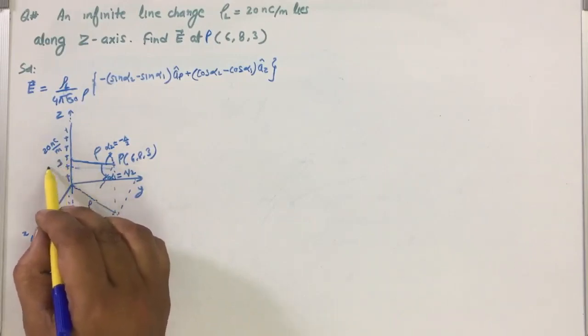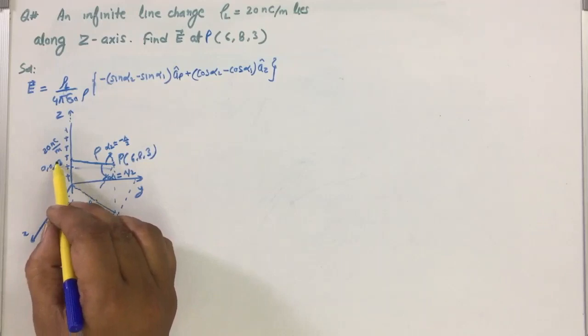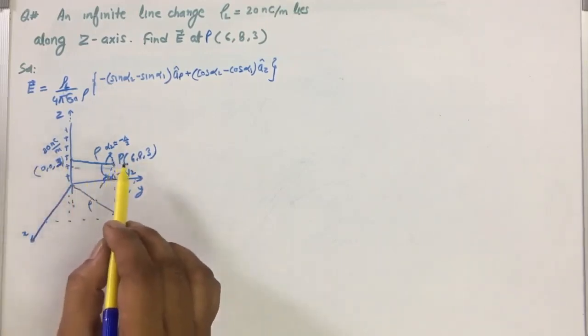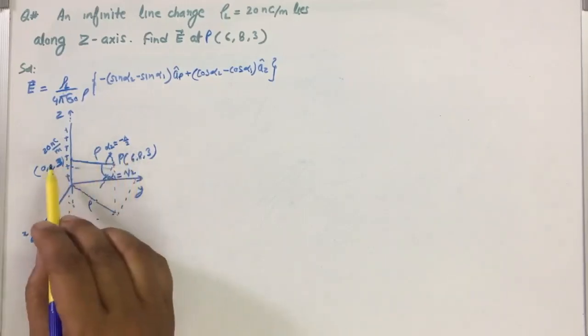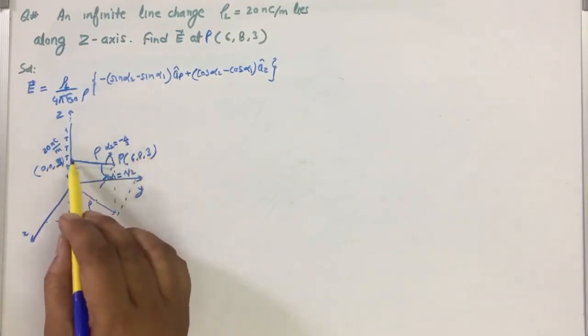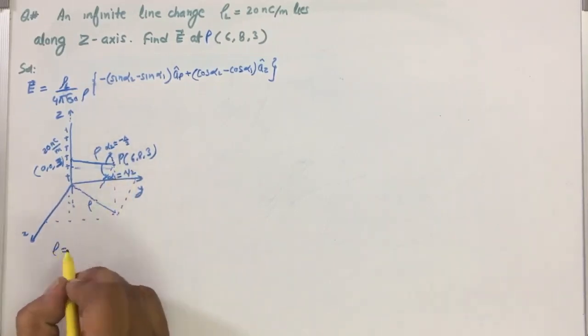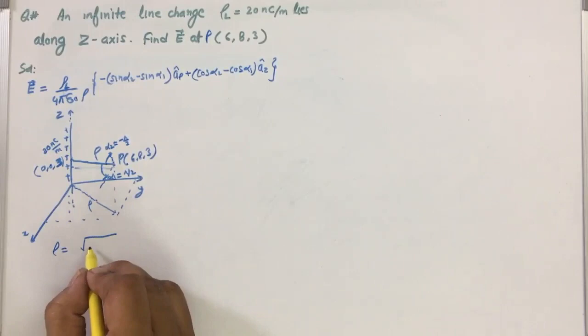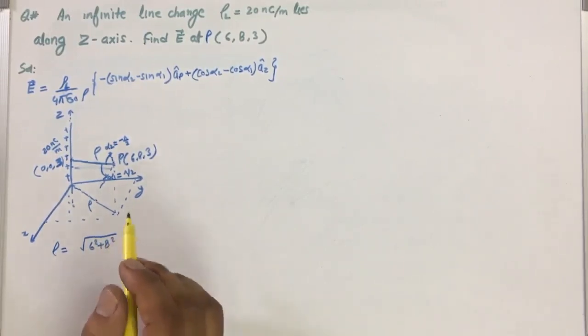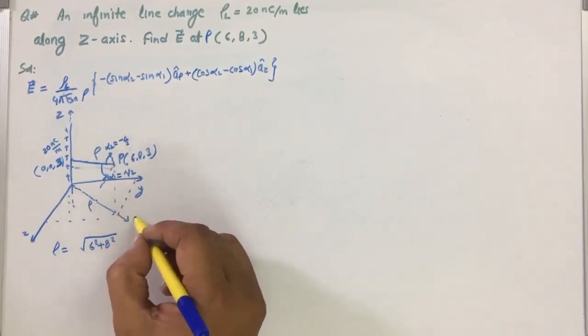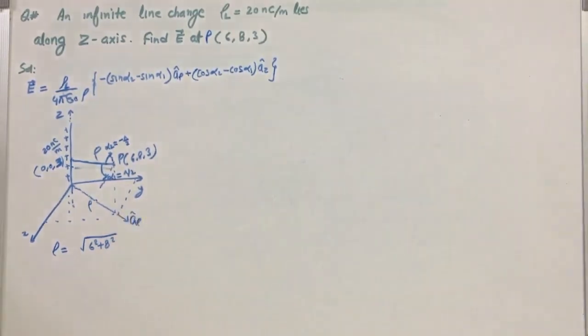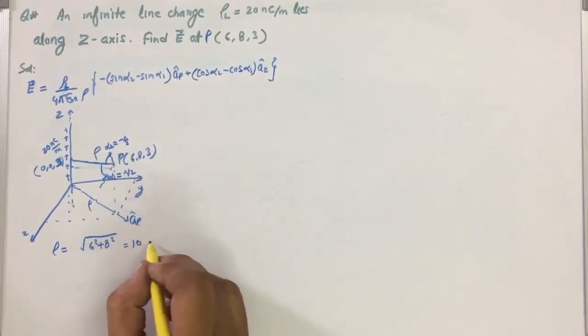So to find rho, we take this minus this squared, this minus this squared, and this minus this squared, which gives this length. So it is the square root of 6 squared plus 8 squared, and the direction of rho will be the a_rho direction. That is 10, the magnitude of rho.